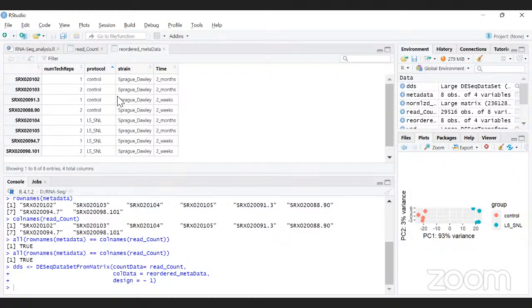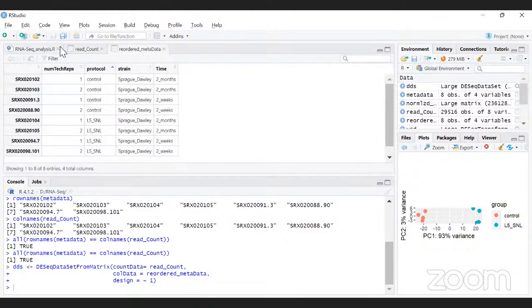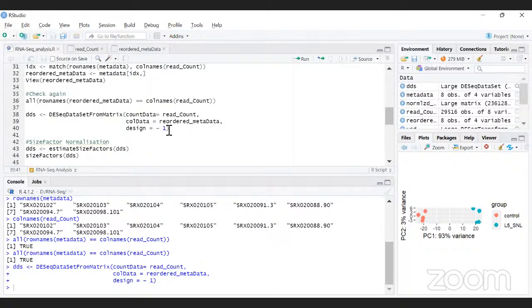So if you want to see the difference between them, that has to be captured in the design. So you would give the design matrix as protocol. Instead of design being one here, you would say protocol over here. But for exploratory data analysis, you would not want to make any assumption.